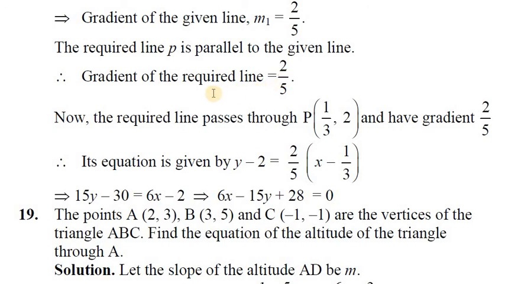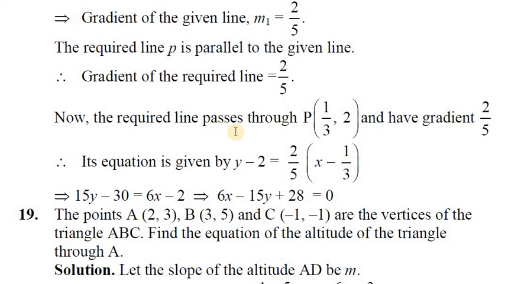So the slope or gradient of the required line is also 2 by 5. So we have the point and the slope, so we should proceed through the point slope form to get the equation of the straight line.